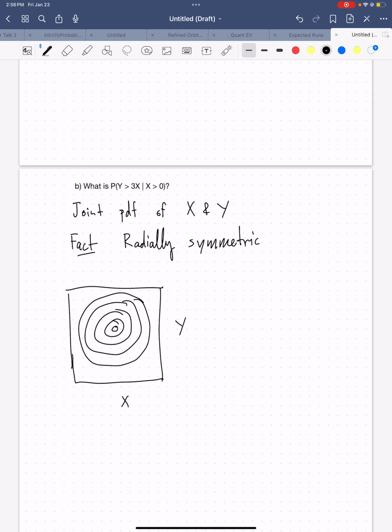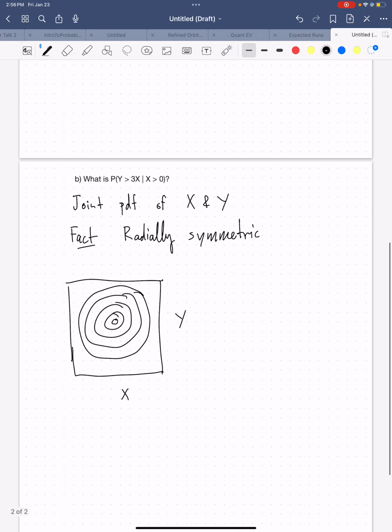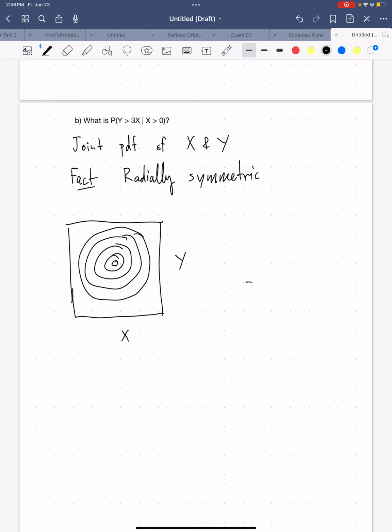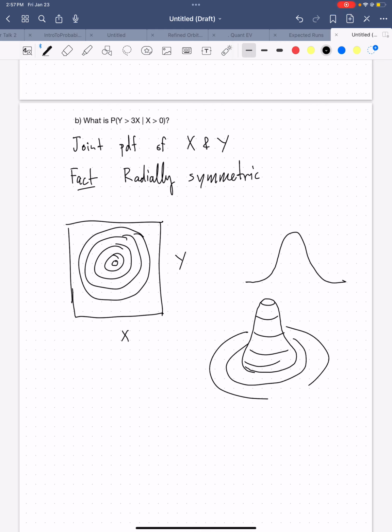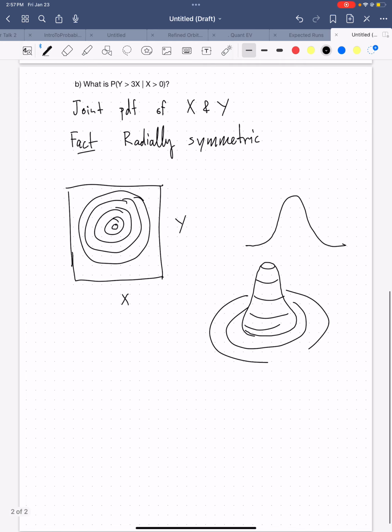That's where the radial symmetry comes in. Basically in 3 dimensions, it looks like a bell curve from every side you see it at. So I'll try to draw it in 3 dimensions. Maybe look something like this, and then you have more here, etc. That's what the distribution looks like.